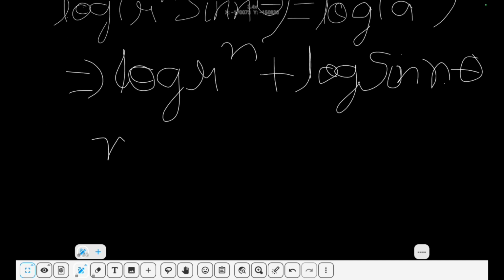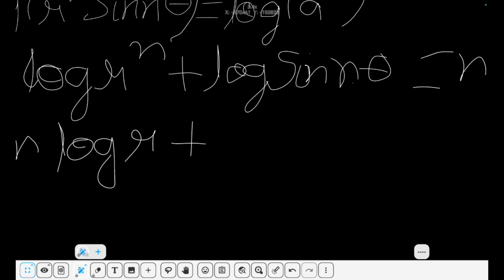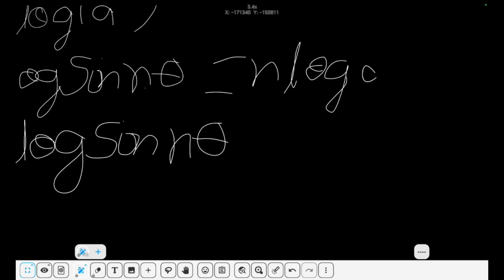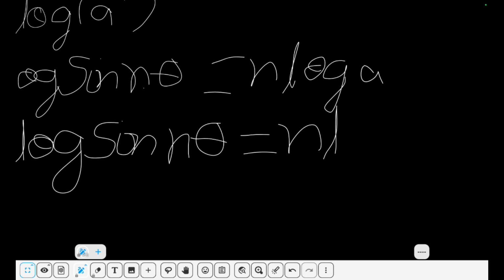Again here I can write it as n log r plus log of sin n theta that equals n log a.